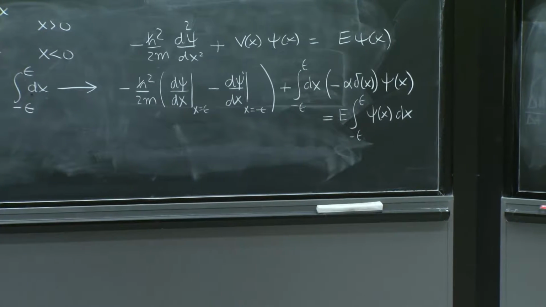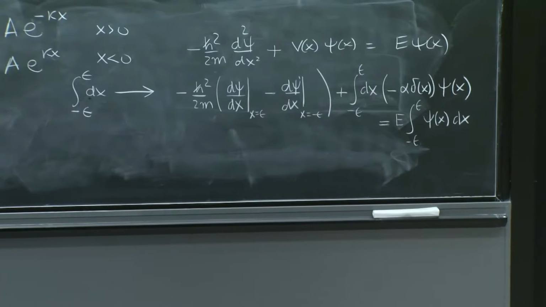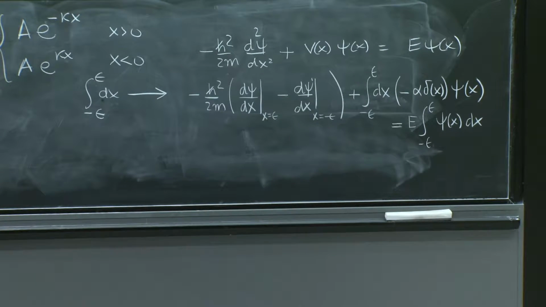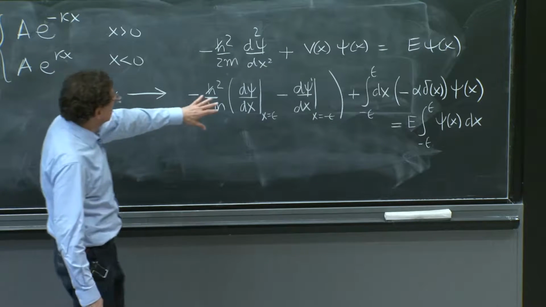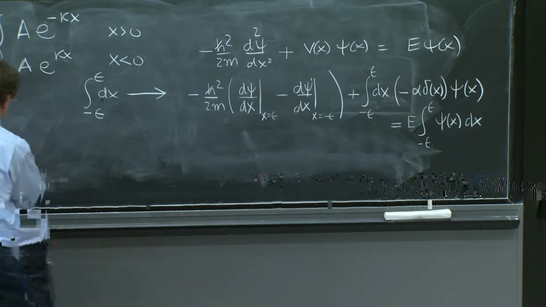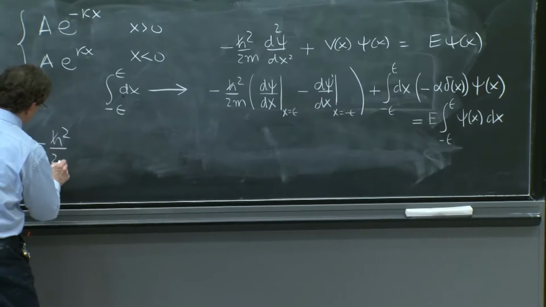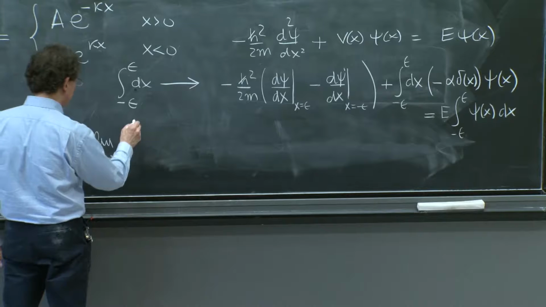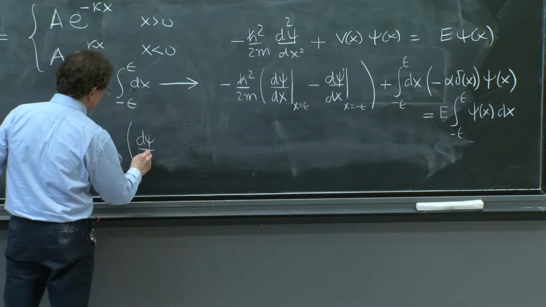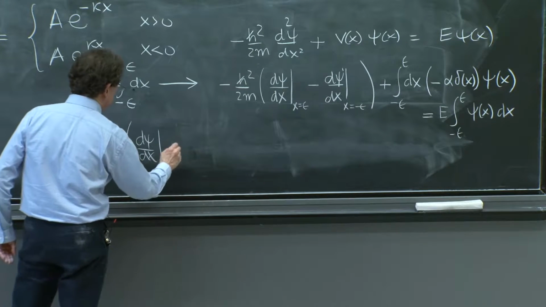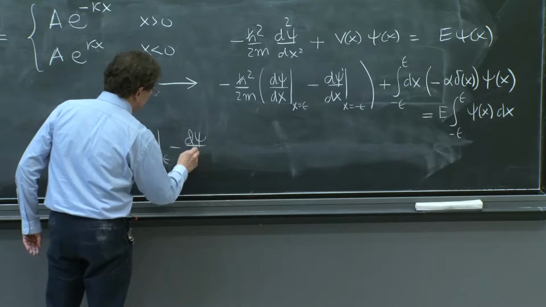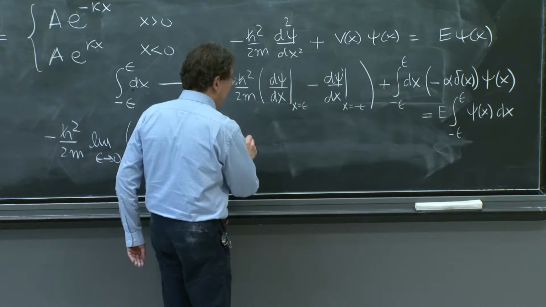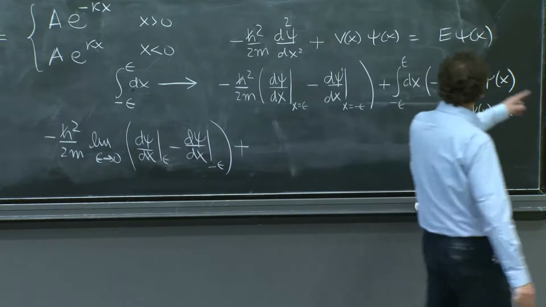We're going to do some of these integrals and take the limit as epsilon goes to 0. I'll write this: minus h bar squared over 2m, limit as epsilon goes to 0 of d psi dx at epsilon minus d psi dx at minus epsilon, plus, let's think of this integral.